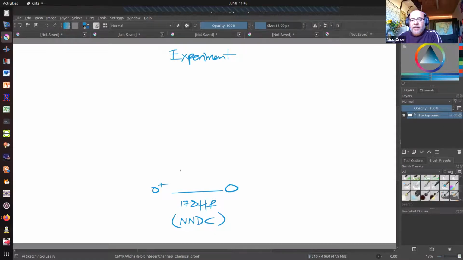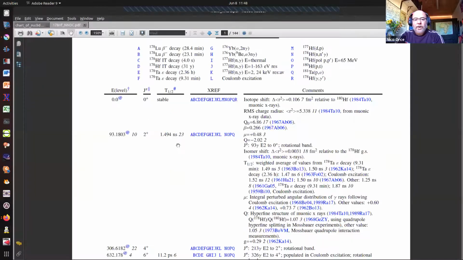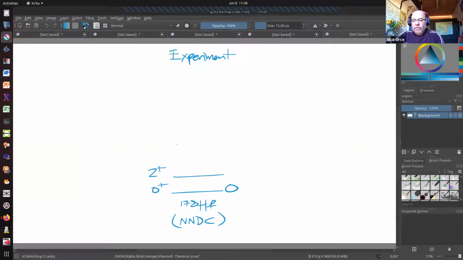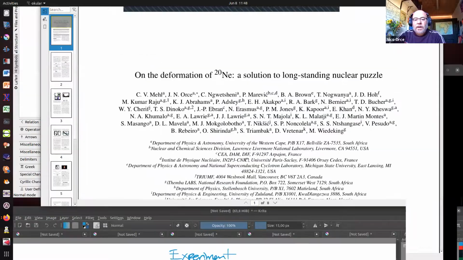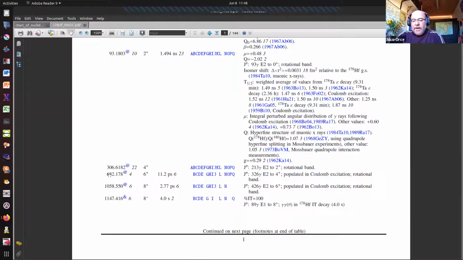This comes from experiment, and we see that the 2 plus energy for the rotor comes at 93.2. Let's call it 93 keV. Okay. So the next level is a 4 plus, as you can see here, at 307.